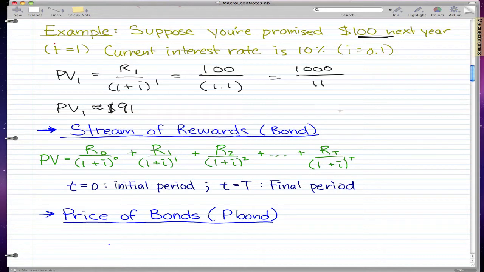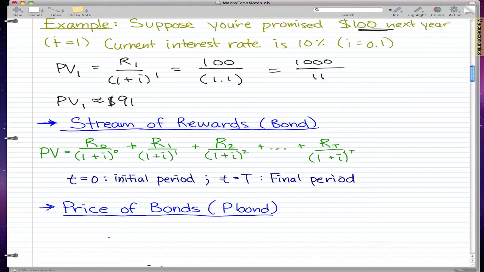And i could be any percentage. That's pretty much the stream of rewards, calculating the present value of an investment, given t and i, and having t be more than 1 year.